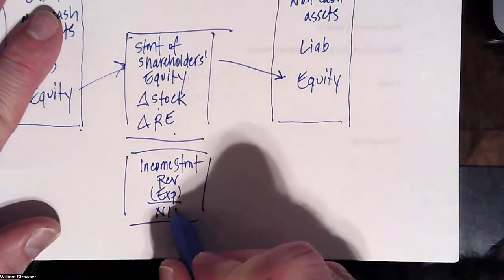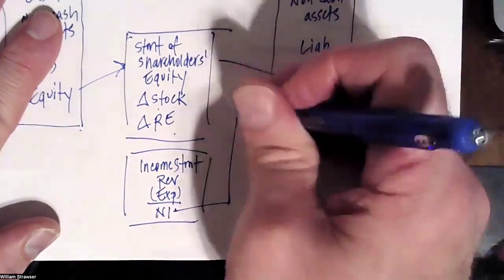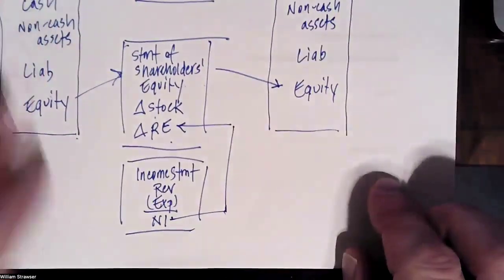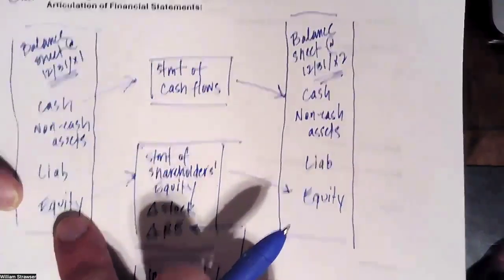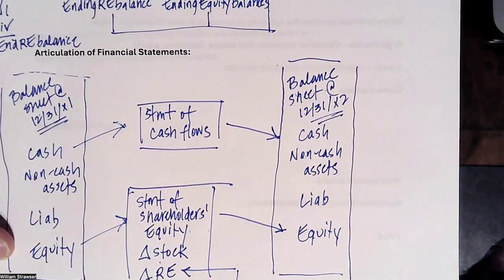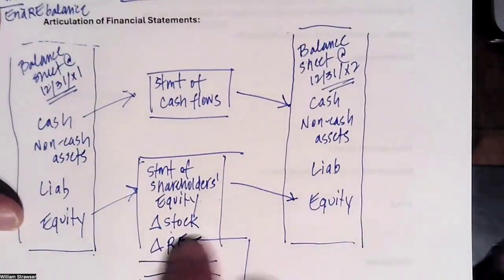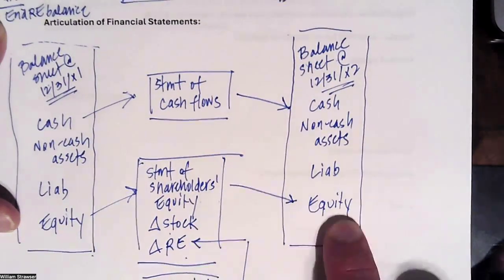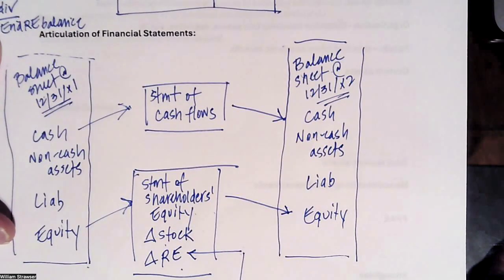Remember, this net income then becomes an essential piece of the change in retained earnings. Remember this, right? Beginning retained earnings, which would be under equity here, plus net income, what we derive here, minus dividends, not shown, but would just affect this change, gives me ending balance retained earnings.